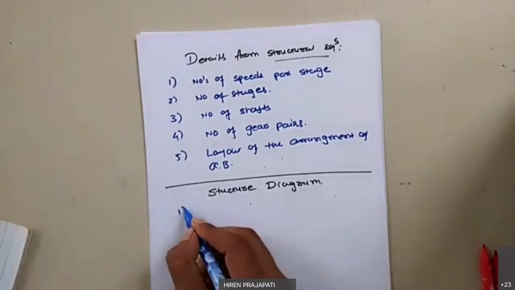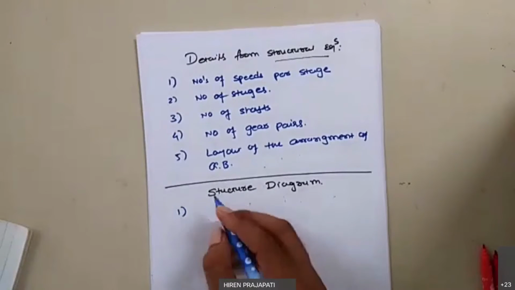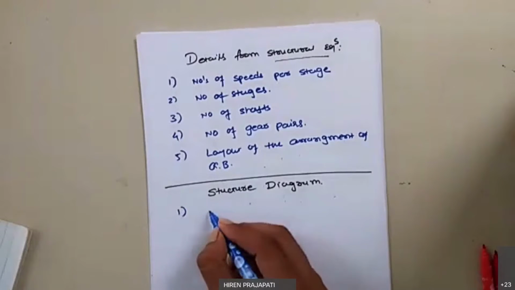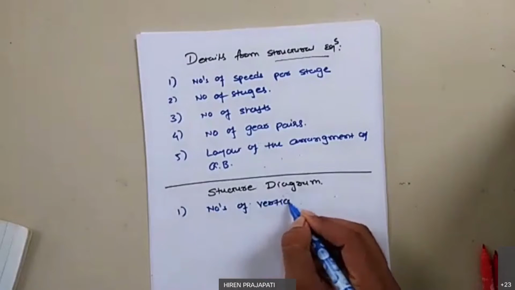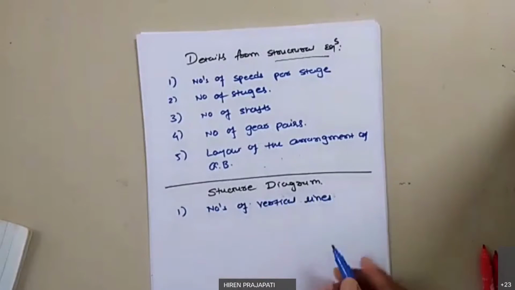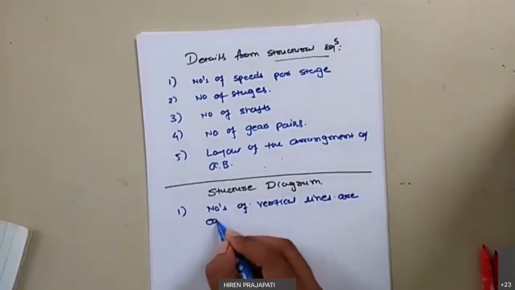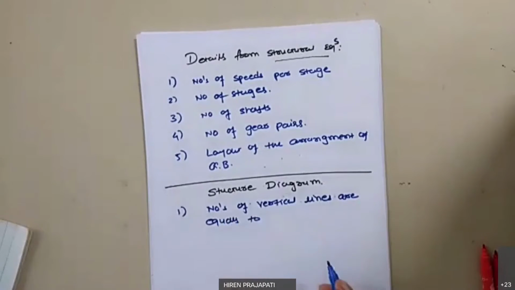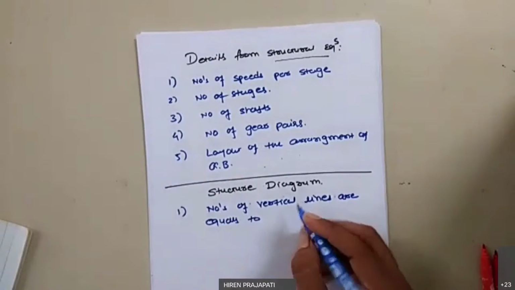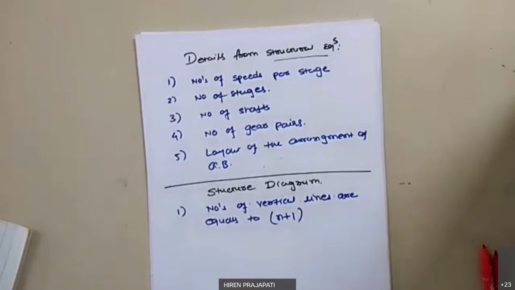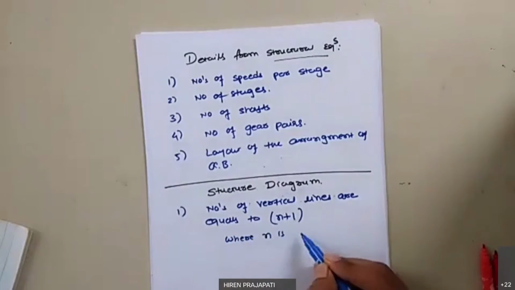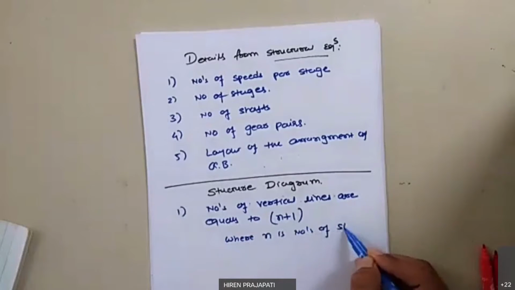First, we need to draw vertical lines. The number of vertical lines is one more than the number of stages. The number of vertical lines equals n plus 1, where n is the number of stages.